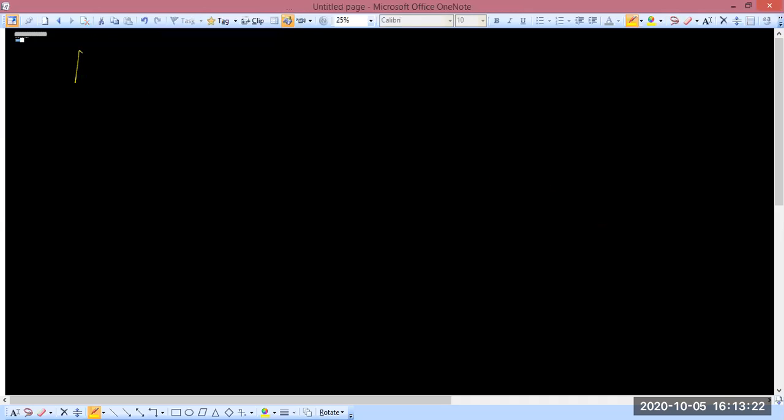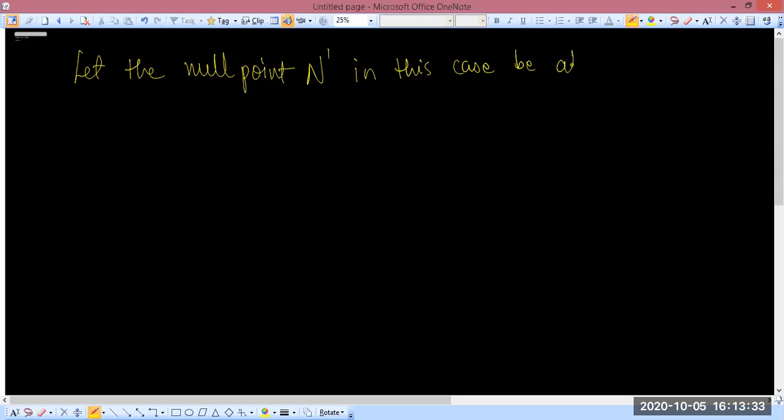So you could write: let the null point N dash in this case be at length or distance, once again whatever you want to write, L dash from A. So this is the new null point, the null point in the second case, when we connect that external resistance capital R.